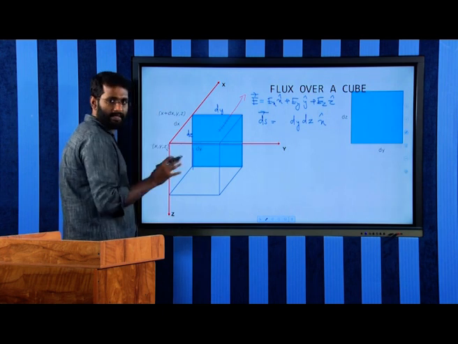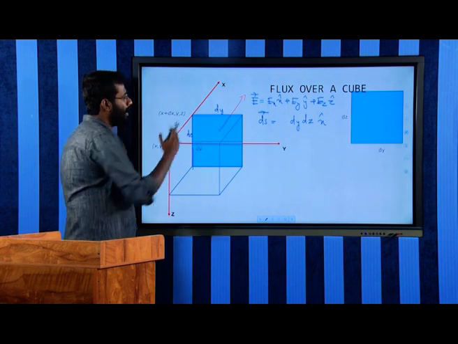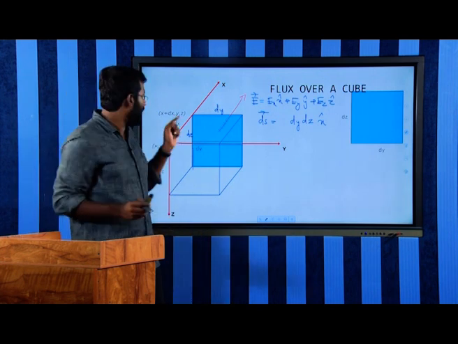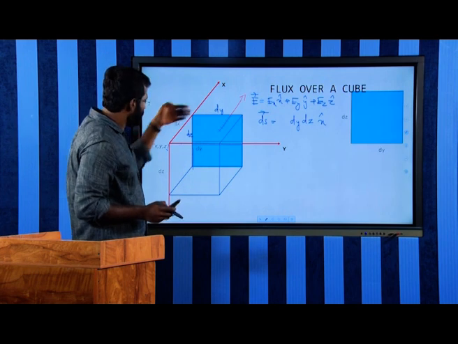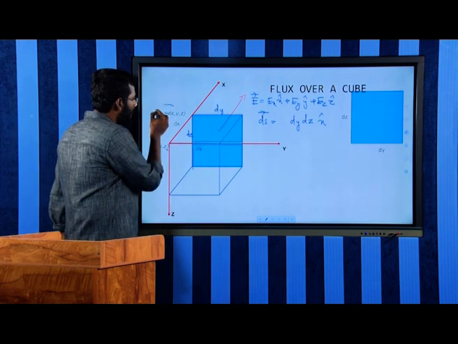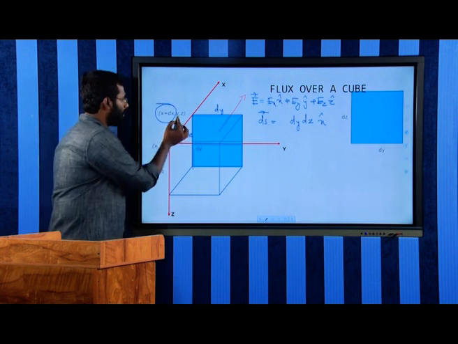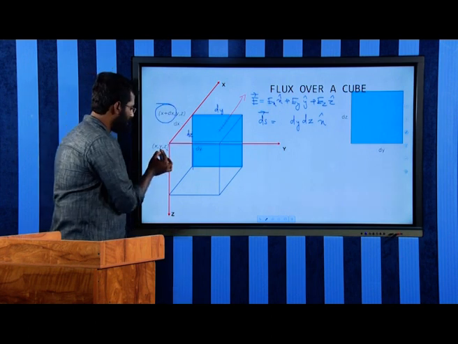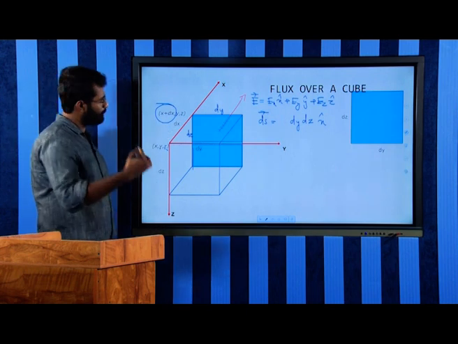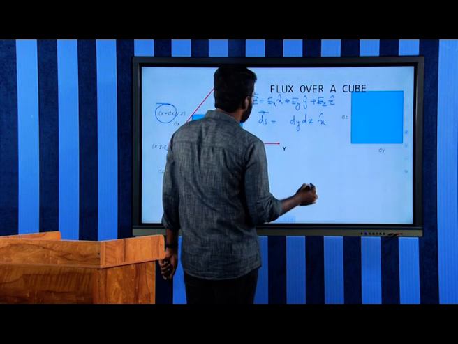The one and only difference with the back surface is we are evaluating the flux at a different point, that is a different plane. We get it by changing x to x plus dx. Other coordinates are the same, this is y, this is z, but x becomes x plus dx.